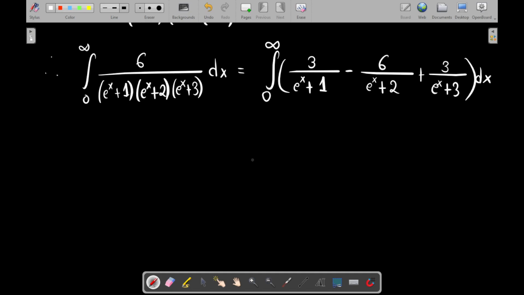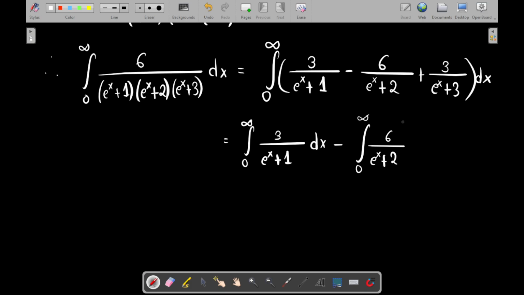So now we have three parts here. For the first part, this can essentially be split into three separate parts, that is 3 upon e to the power x plus 1 dx, minus 6 upon e to the power x plus 2 dx, and the last part is 3 upon e to the power x plus 3 dx.